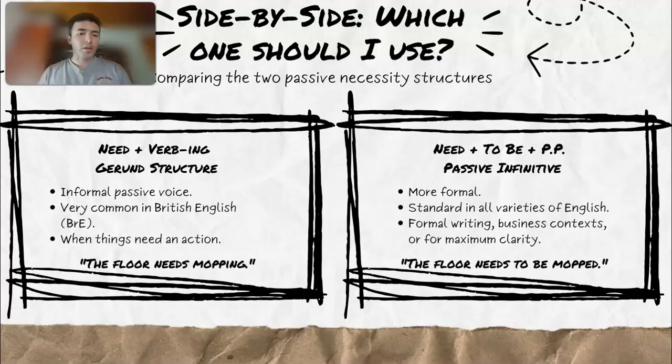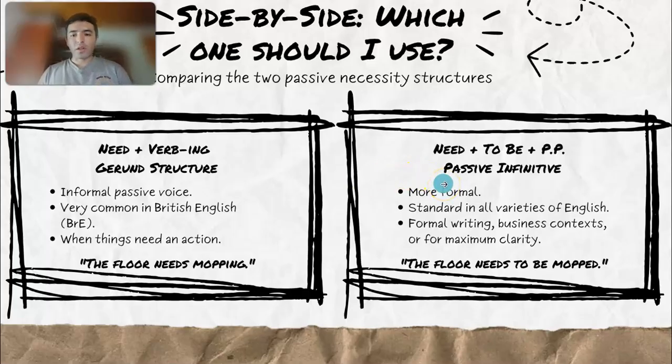Structure one, need plus verb-ing, the gerund structure, we can use for informal passive voice. I said before, it is very common in British English, and when things need an action. For example, the floor needs mopping, okay?